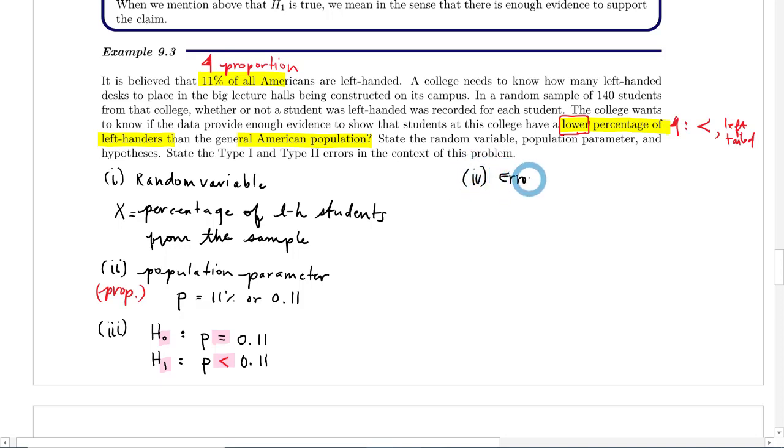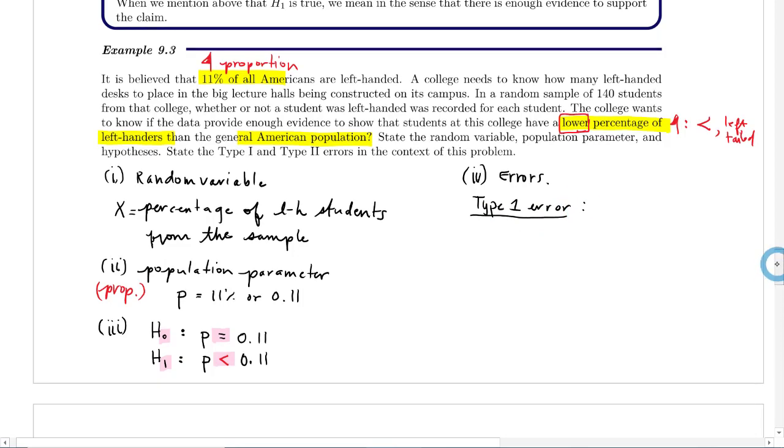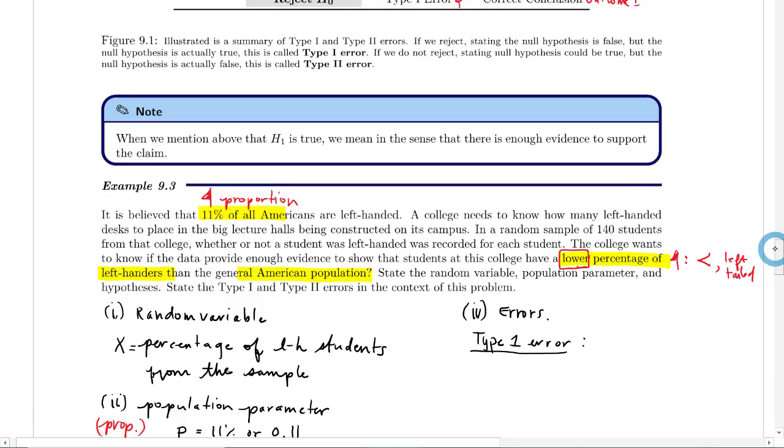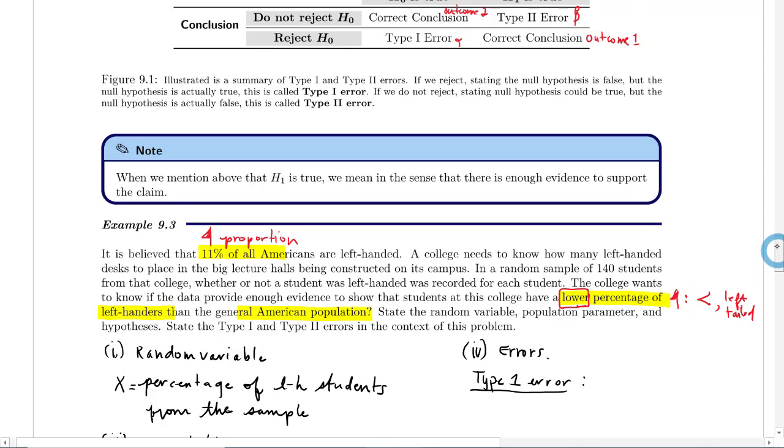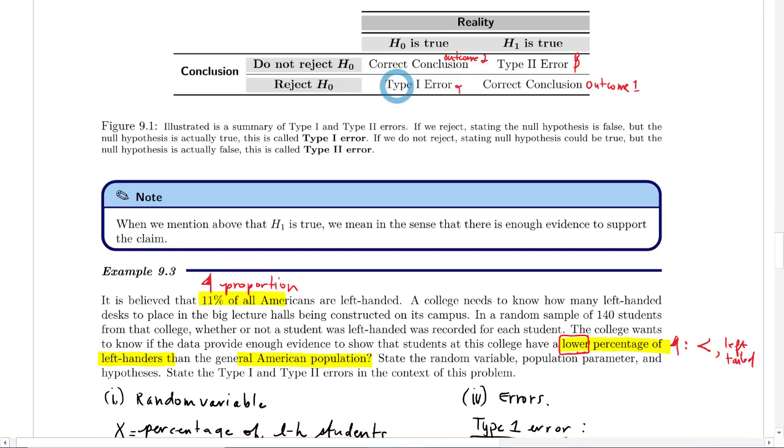So let's first look at a type 1 error. Recall, it says up here, let's look at our table. It says a type 1 error is when we reject the null when the null is true.